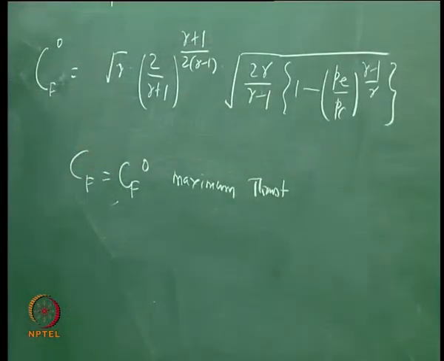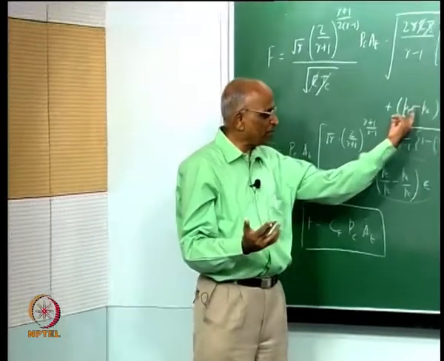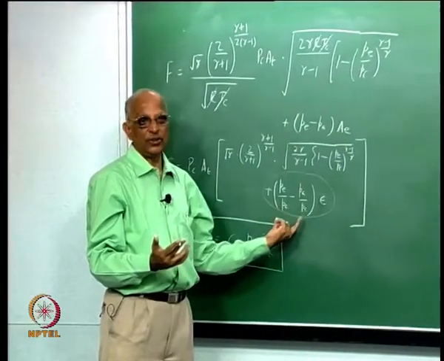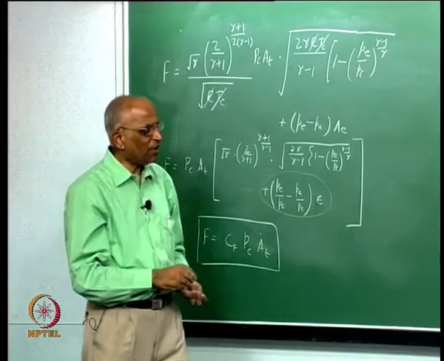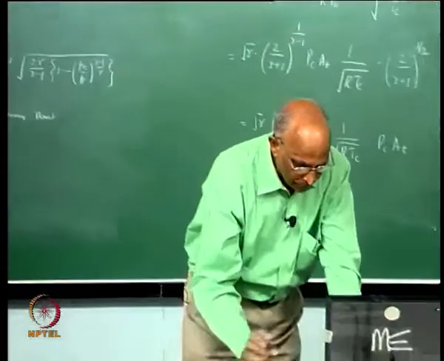That means an adapted nozzle always gives me maximum thrust, otherwise because of under expansion I lose thrust, otherwise it is the other way around. Therefore, let us now take a look at some of the results from this expression.